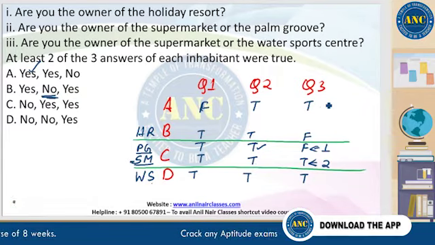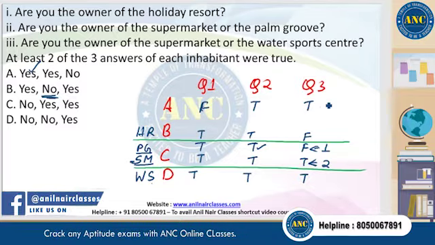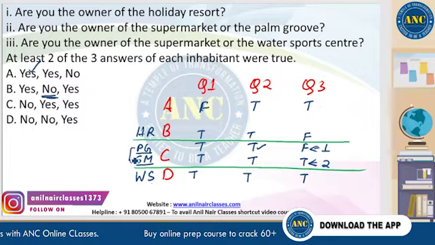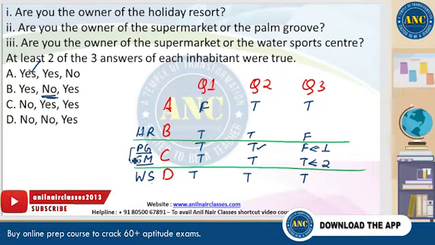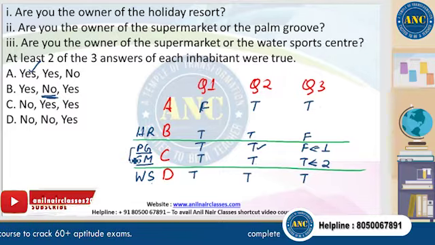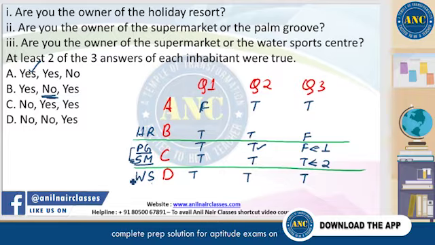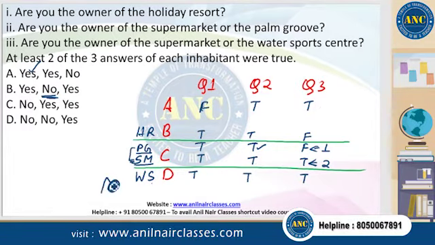Now, if A says, are you the owner of the supermarket or the palm grove? You notice both of them are there, supermarket and palm grove. A says yes, which means A is definitely the owner of one. But for the third question, A says, are you the owner of the supermarket and the water sports center? Since the water sports center is already taken by D, A cannot take this. A does not have validity on the water sports center.